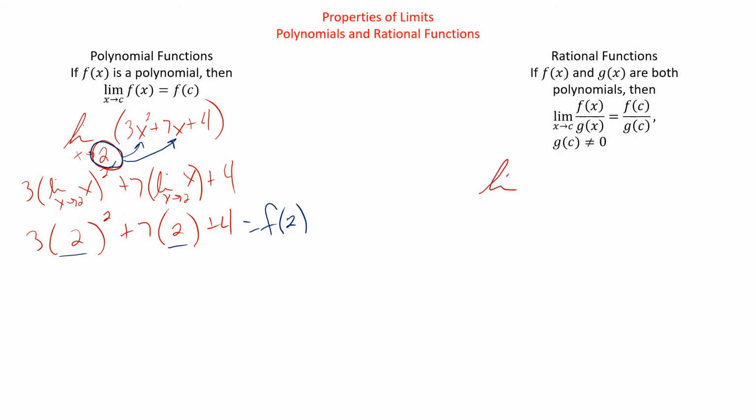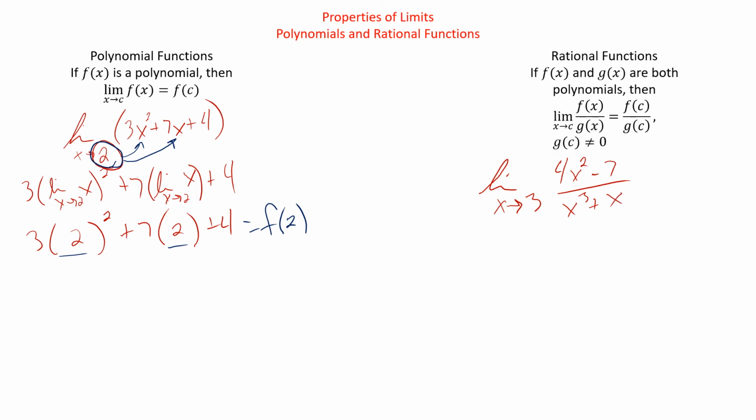Let's take the limit as x goes to 3 of 4x squared minus 7 over x cubed plus x.